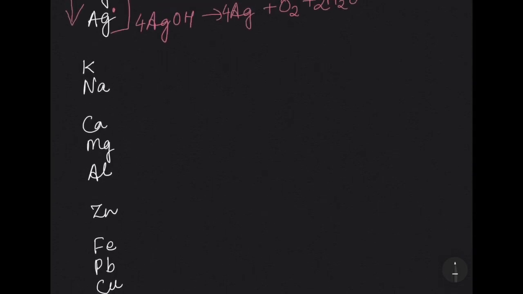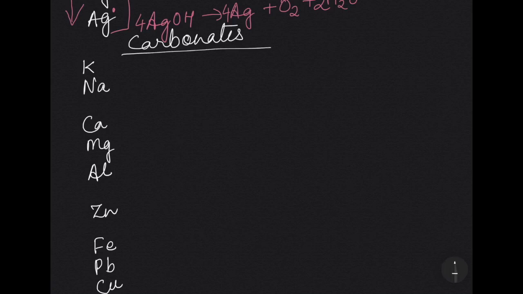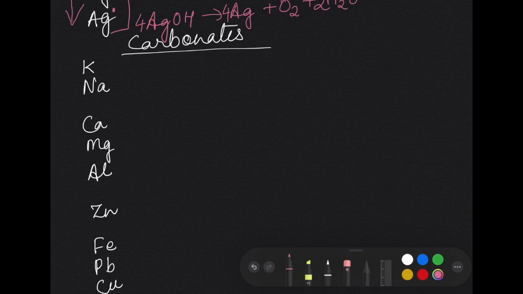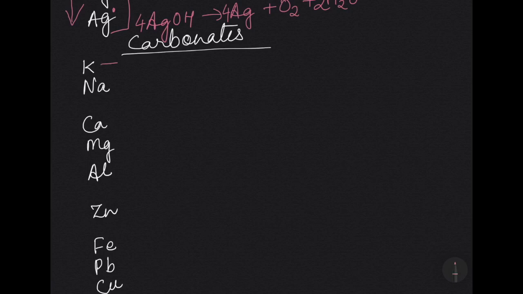So now we are going to heat carbonates of these metals. Carbonates. So what are we talking about? We are talking about potassium carbonate, sodium carbonate. So again, what happens? Potassium and sodium carbonate are stable to heat.